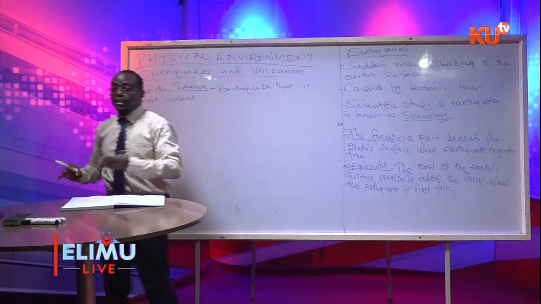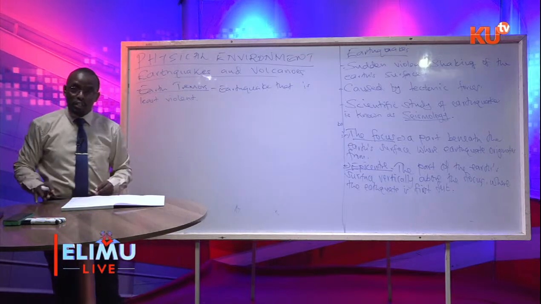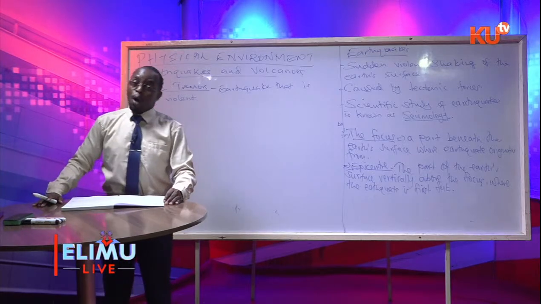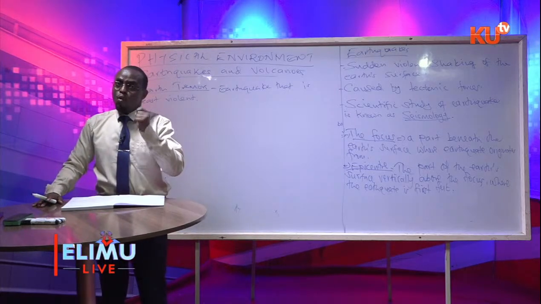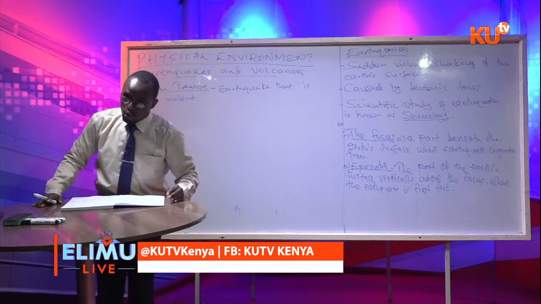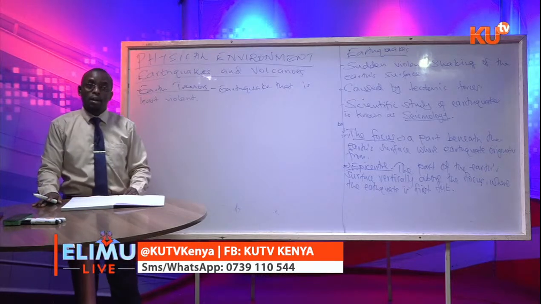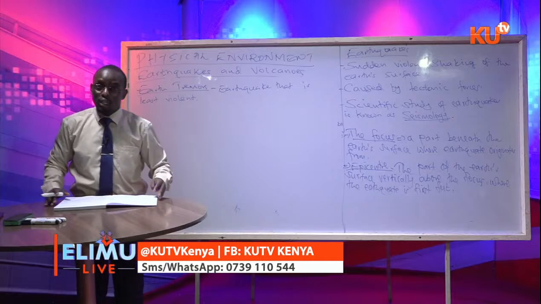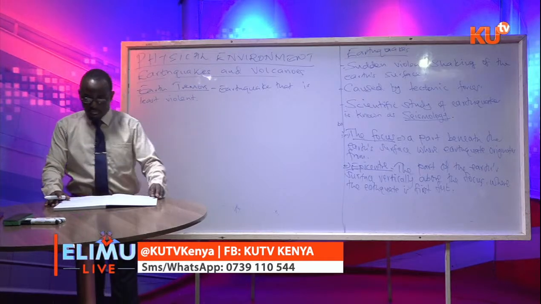The parts that are not located along the plate boundaries, like some parts of Africa, may not experience earthquakes at all. However, where we have some features like the Rift Valley, which have been affected by whatever is taking place from the interior of the earth, we may also have earthquakes taking place in such areas.